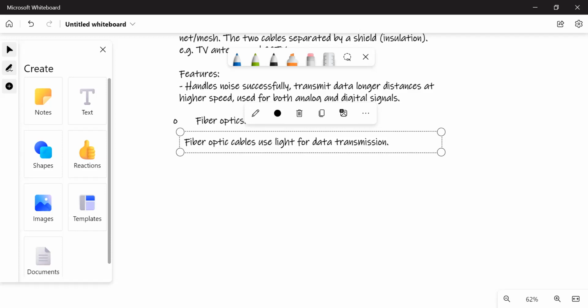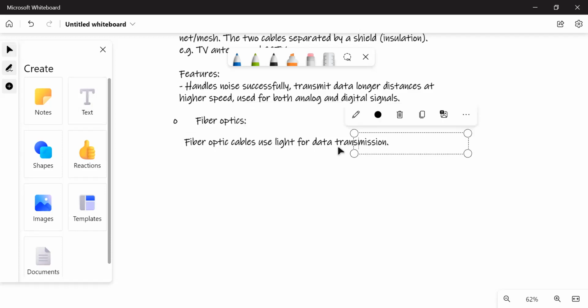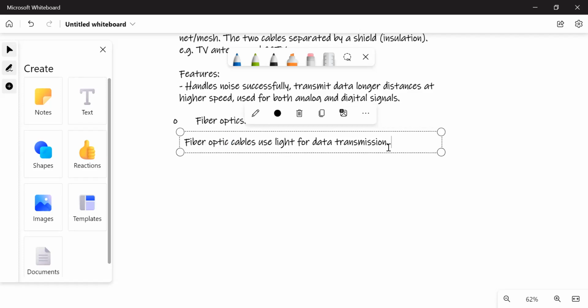And the features, let's write down the features. Now, the first one, you have high bandwidth, right? You have high bandwidth, which means you can send a lot of data.